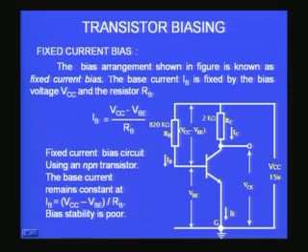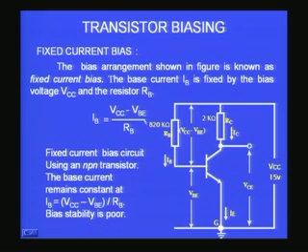And therefore, the voltage across this plus the voltage across the VBE should together add up to 15 volts according to KVL, Kirchhoff's voltage law. Therefore, my IB is nothing but the voltage available across the resistor, which is on this side VCC, on this side VBE. So, VCC minus VBE divided by RB, the voltage divided by resistor is current according to Ohm's law.